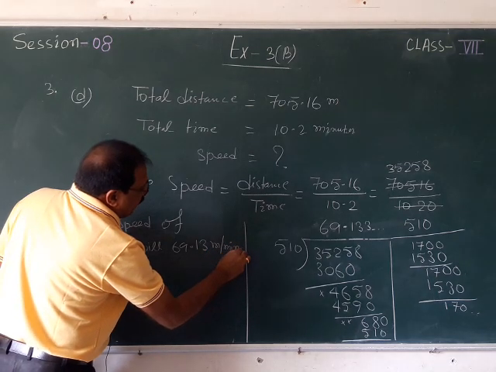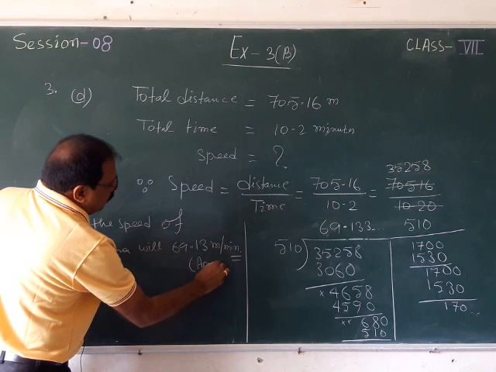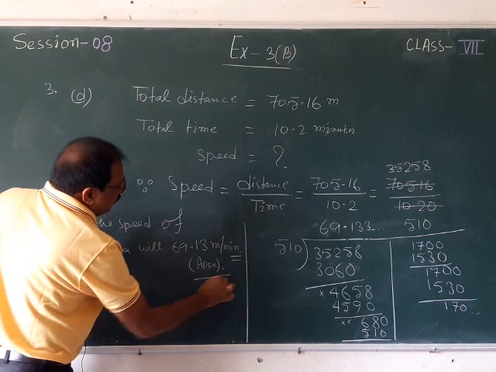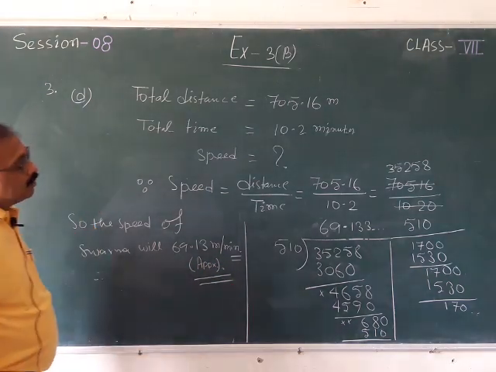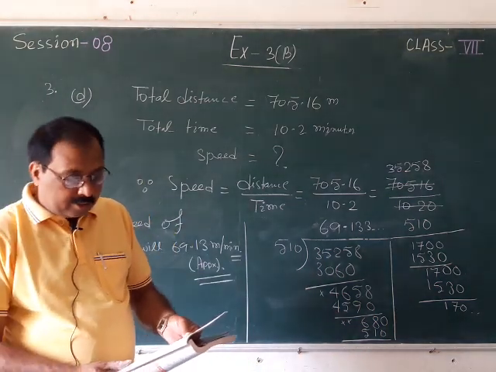Like that you have to write, and here you have to write approx, approximately, this speed should be there, because the division cannot stop, it is just going and going.